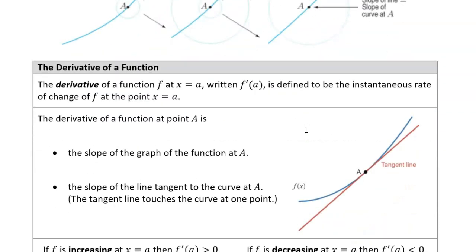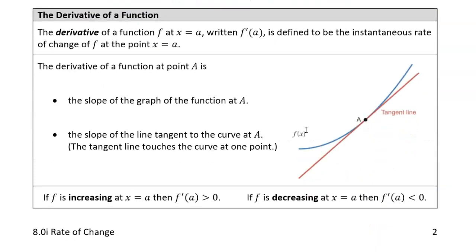So the derivative of a function at a particular value, x equals a, is defined to be the instantaneous rate of change at x equals a. You can visualize it as the slope of the graph at a, or as the slope of the tangent line to the curve at a. And a tangent line is just a line that touches at one point.